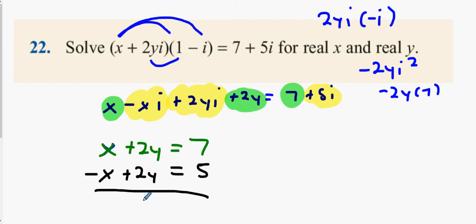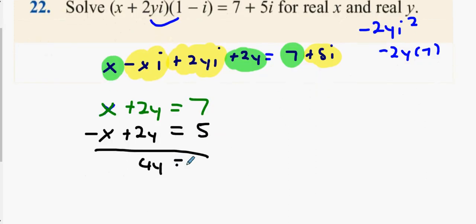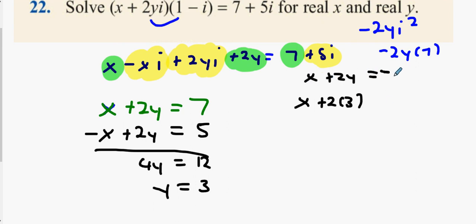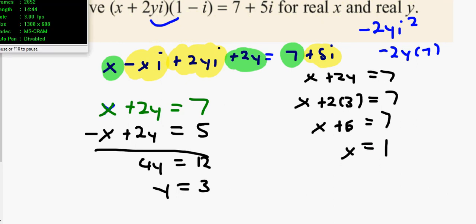Yes, they do cancel. 4y equals 12. y equals 3. Then x plus 2 times 3. I'm using x plus 2y equals 7. So x plus 2 times 3 equals 7. So x plus 6 equals 7, x equals 1.